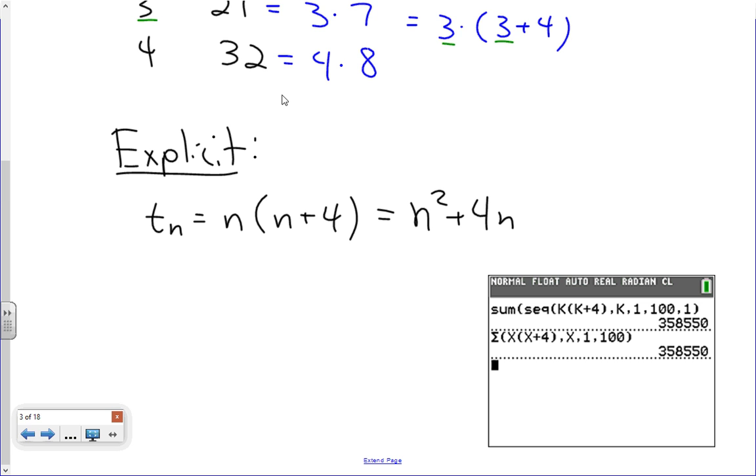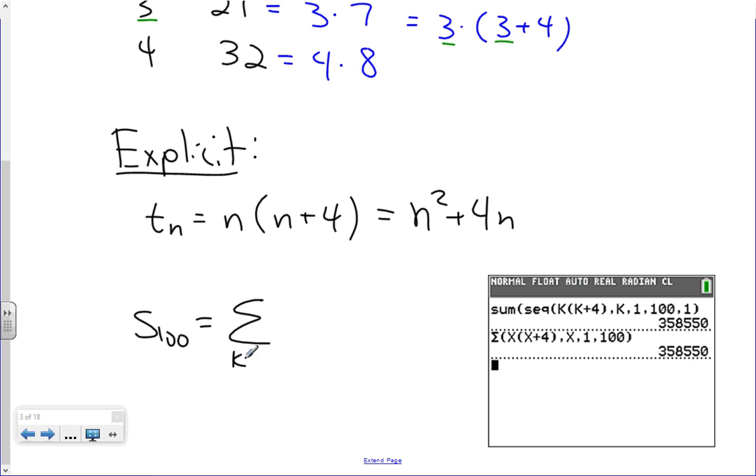All right. So that tells us that S sub 100 turns out to be equal to the sum. By the way, this is the work you need to write on your paper. Don't just write S sub 100. Show me the summation that you've done. But I don't want to see calculator notation. I want to see the actual sigma notation.